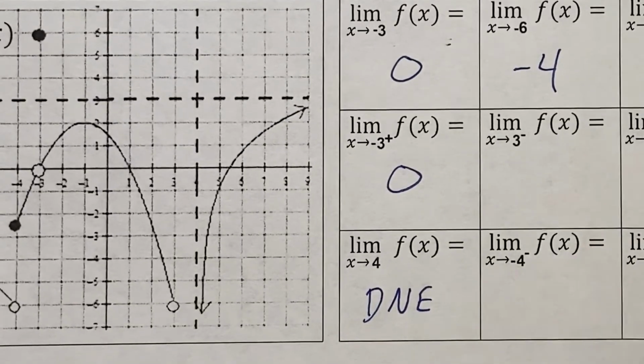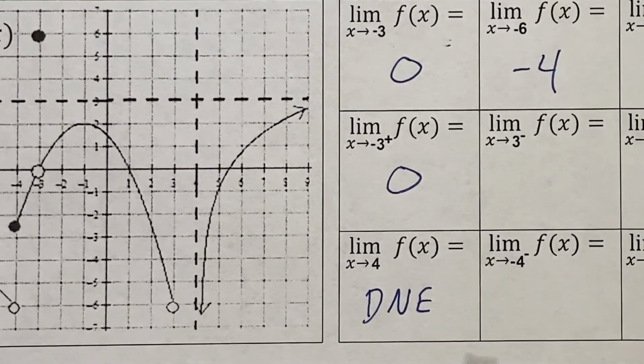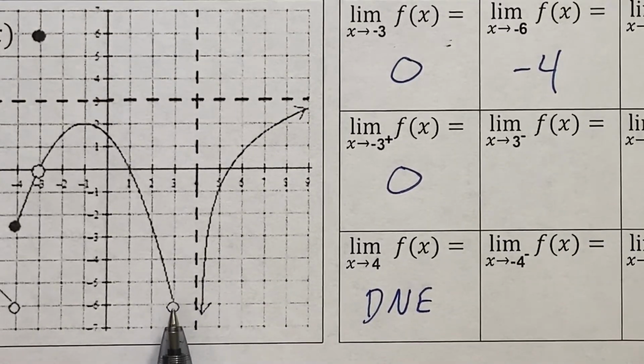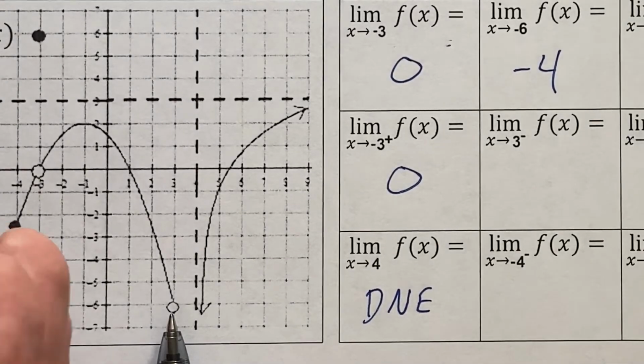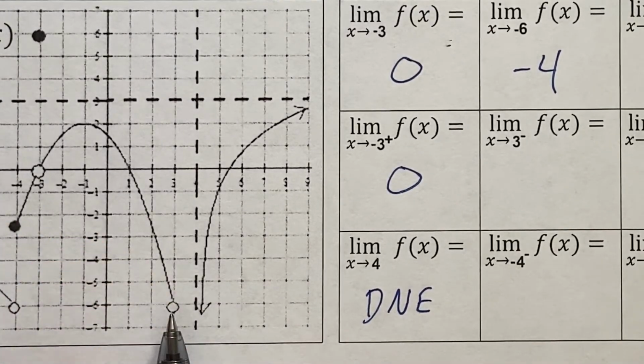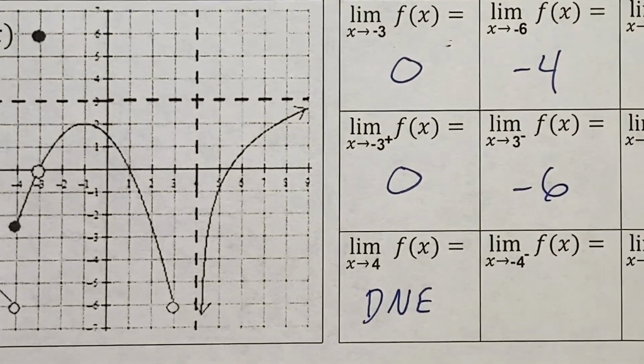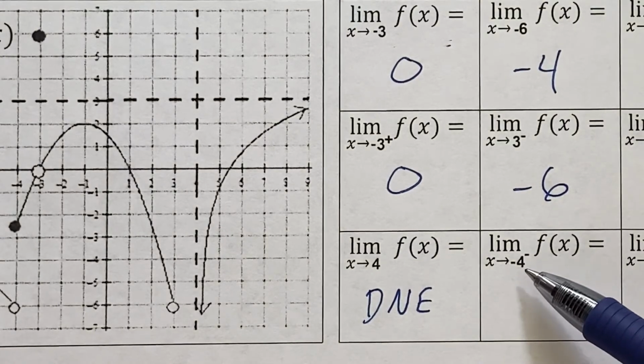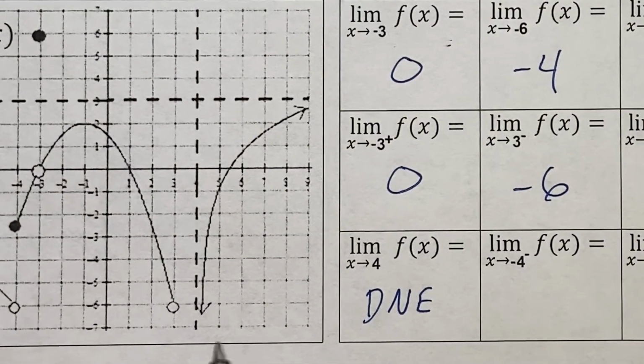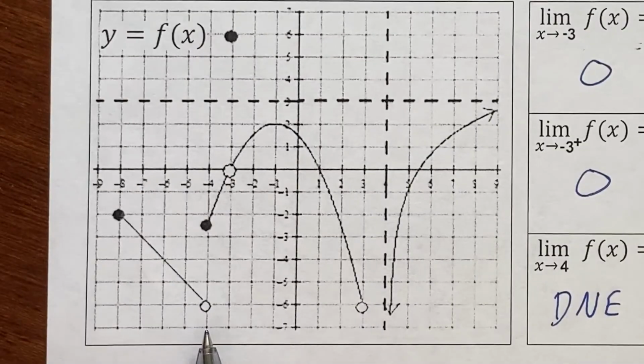Okay, as x approaches 3 from the left side, so there's 3, from the left side, it looks like I'm getting really, really close to -6 there. As x approaches -4 from the left side, so this is the -4 line over here.